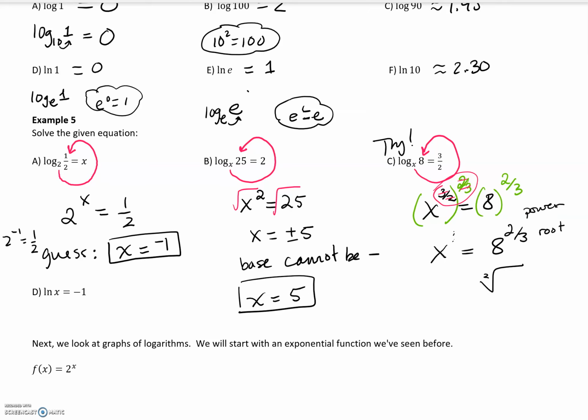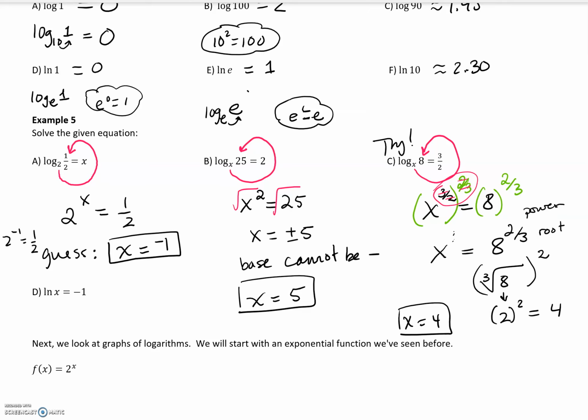So I have a cube root of 8 and the power is 2. So cube root of 8 is 2, and when I square that I get 4. So x equals 4 must be my final answer.